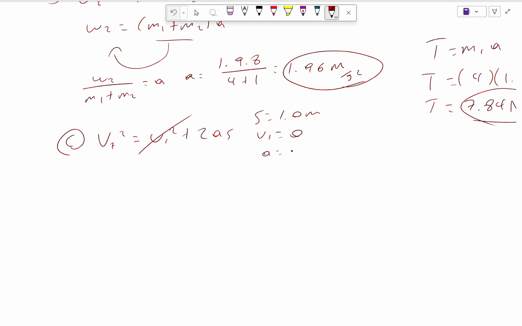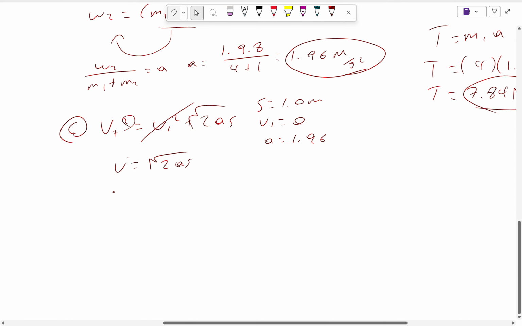And acceleration, we found that it was 1.96. So v equals the square root of 2as. The reason why square root is because the square root of v squared is just v, right? So now we have to square root the whole thing. Now we plug it in.